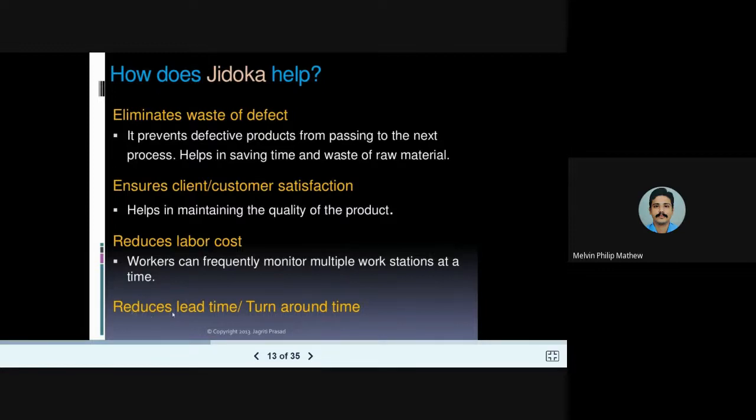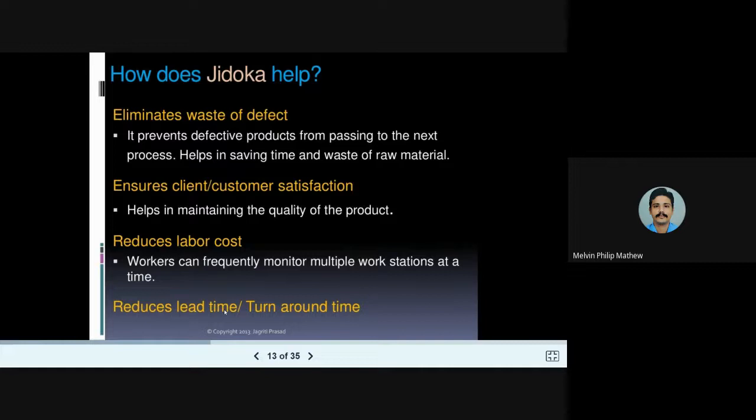Next, it reduces lead time or turnaround time. Lead time in the sense of inventory will always be less. It reduces the lead time because an automation technique will have a faster working procedure.